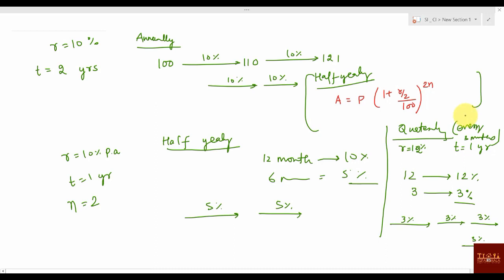Has anybody remembered this? This was half yearly. You would have to remember for quarterly, for every 2 years, 3 years, 4 years, 1 month, 2 months, 5 months. Can you make a formula for each and remember? No. But this logic you can remember always. That's why I'm telling you, follow the logic.